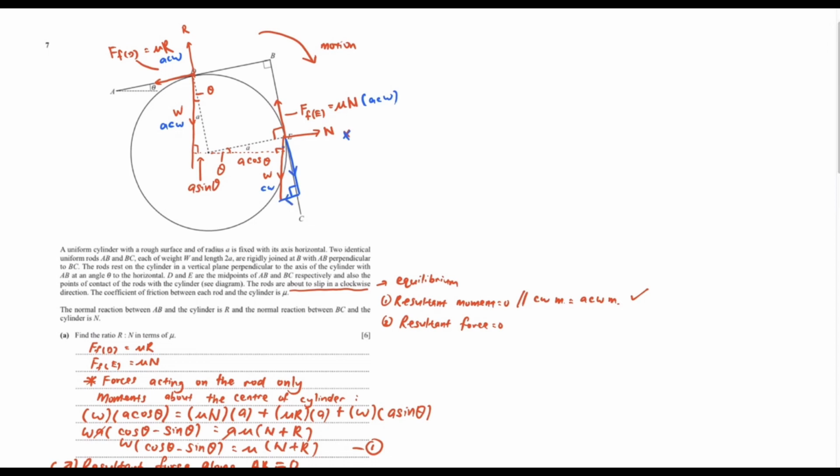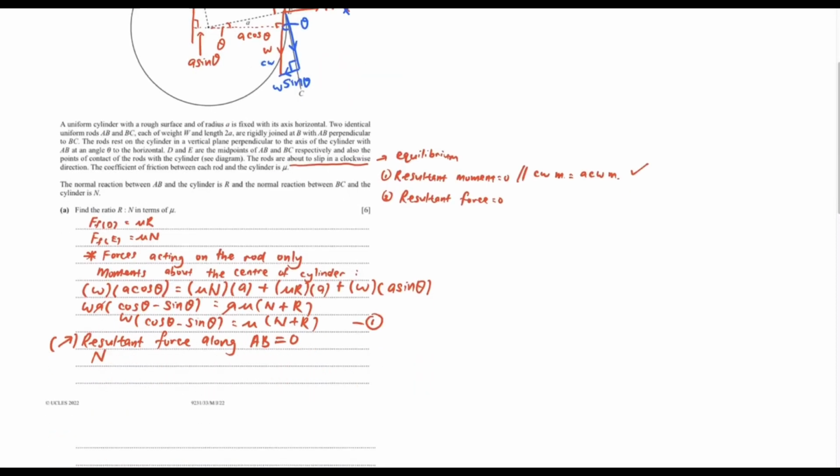And then theta is going to be up here. So hence W cos theta is acting backwards, and the opposite is W sin theta. Since this is opposite, I call it W sin theta, which is minus W sin theta.